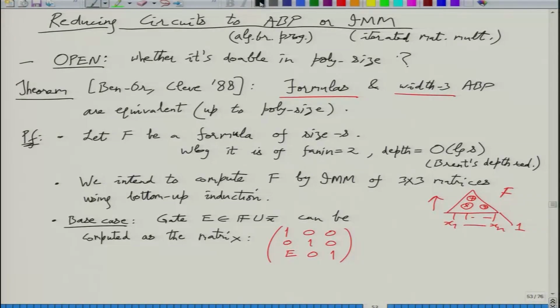So that is the base case. You can put a variable or constant here, whichever gate you are at in the leaf.